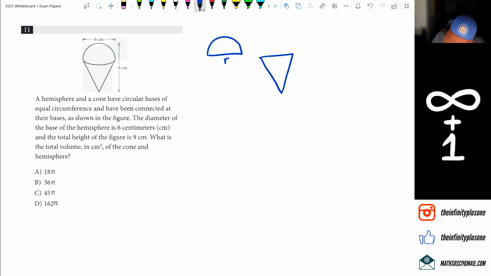Now we've got radius here of this sphere is 3, which means the cone's radius is also 3. Now the whole height here is 9 centimeters. And because the sphere takes up 3 centimeters, the cone's height is going to be 6 centimeters.